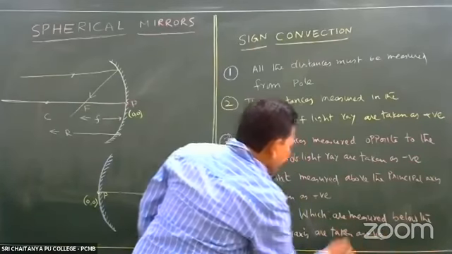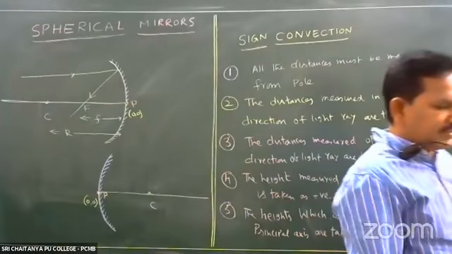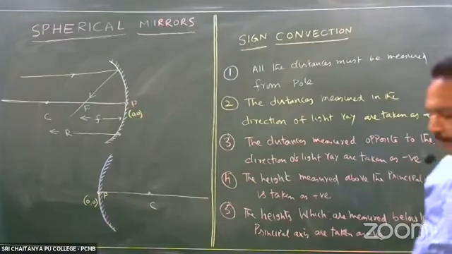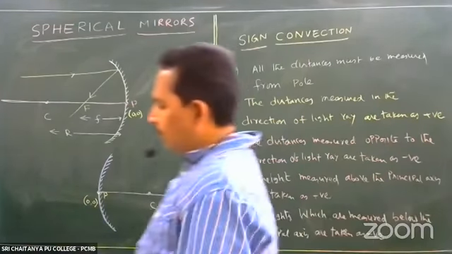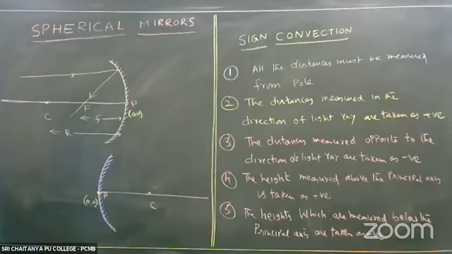If you remember these five points, for solving the problems, these sign conventions are most important. All the distances must be measured only from the pole. The pole is taken as origin. Second, the distances measured in the direction of light ray are taken as positive.